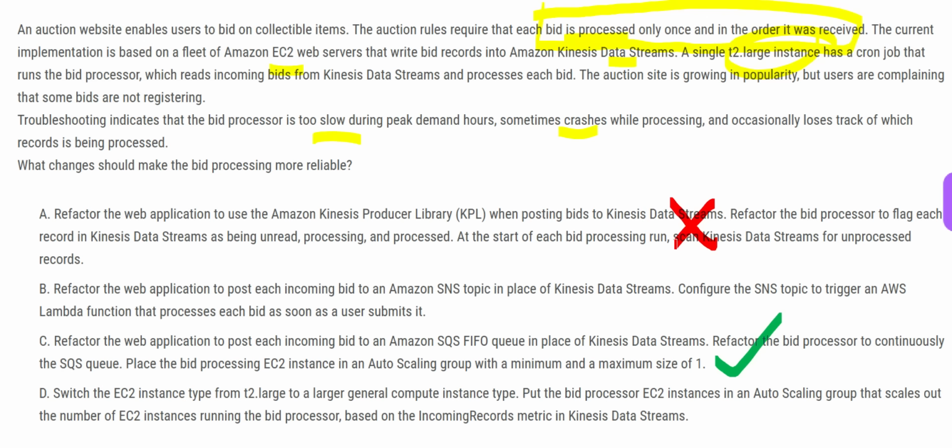And the problem with B is, see, it is making use of SNS. It is for pushing messages. It is not reliable for this order and nothing should get missed, etc. D says I will continue to use EC2. I will use auto scaling groups, scale out, and those things.